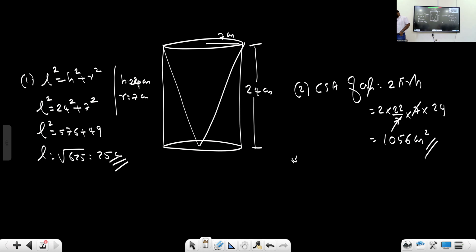Next question. Third one. CSA of the conical cavity formed. CSA of the cone is pi r L. Substitute everything and simplify. L will come only in the case of slant height, cone and all.